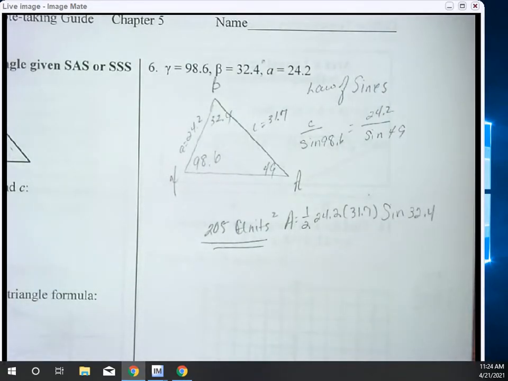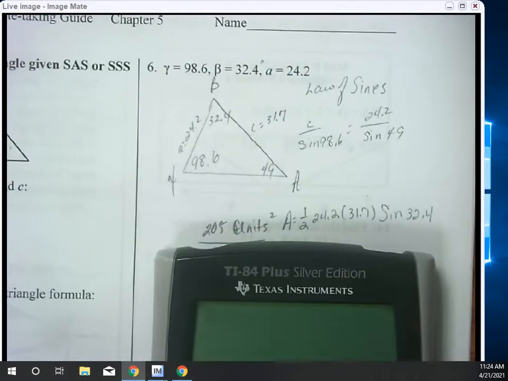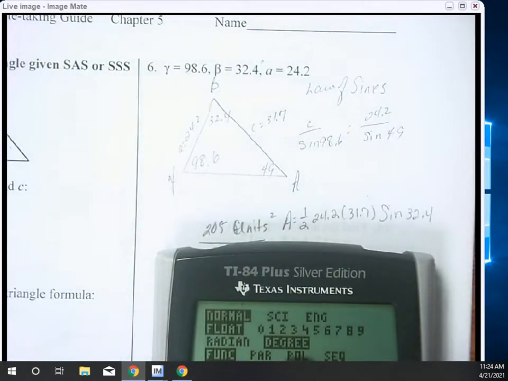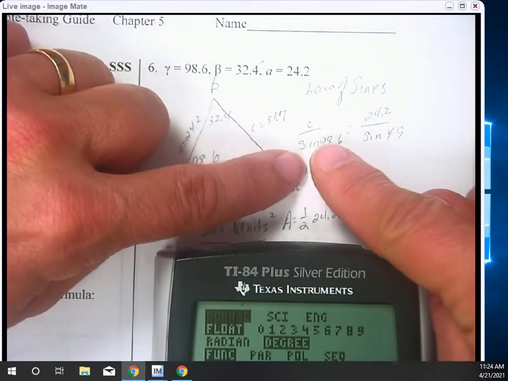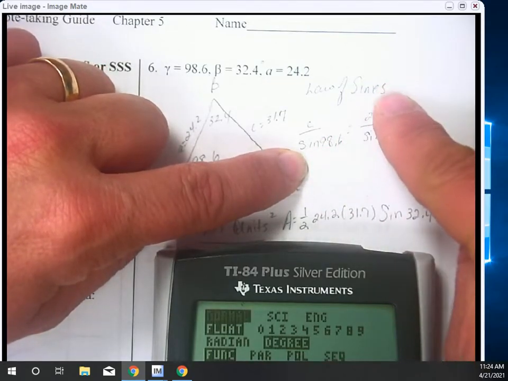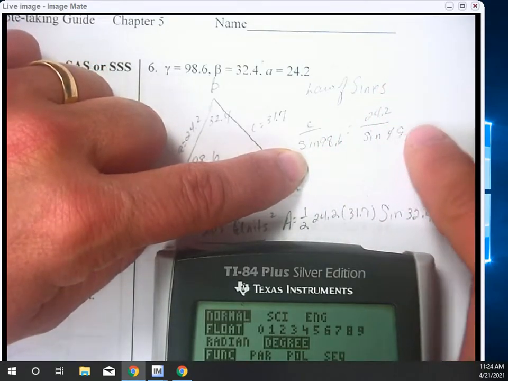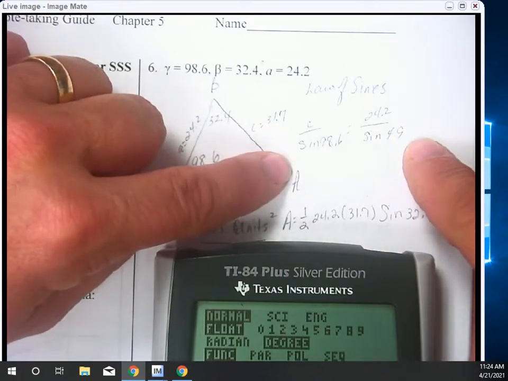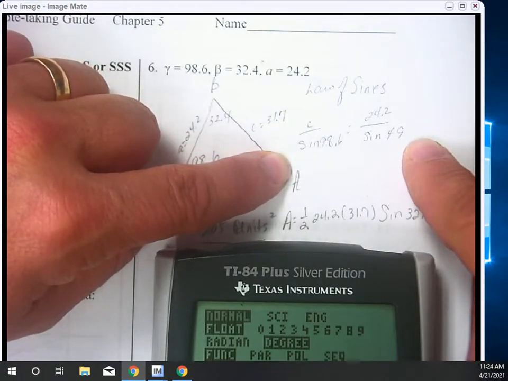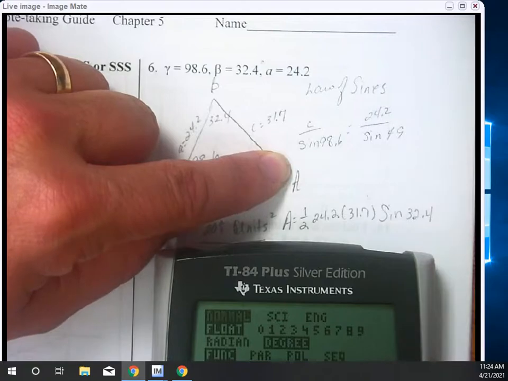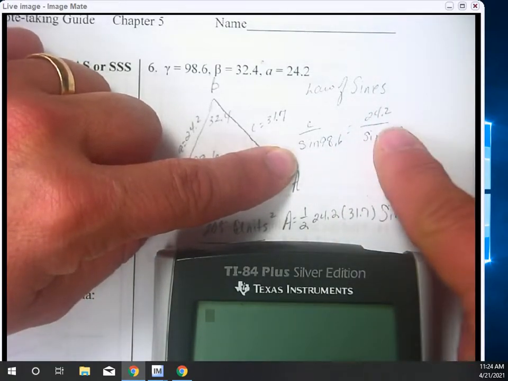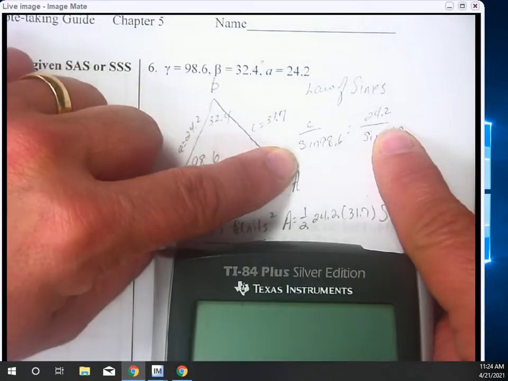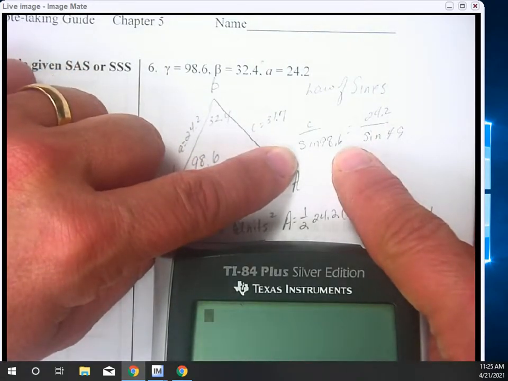Okay, to enter in the calculator, I check to make sure that my calculator's mode is in degrees because my angles are in degrees. I am solving this triangle. You can cross multiply and divide, or you can divide and multiply. It's just depending on how you want to do that. When you are cross multiplying and dividing, I typically put the 24.2 in front of the sine of 98.6.